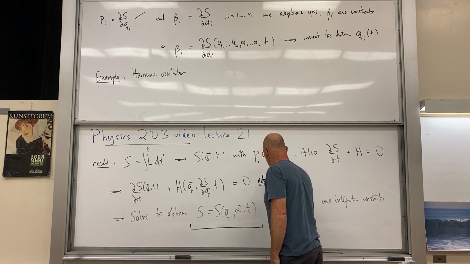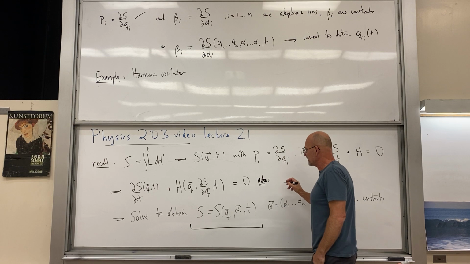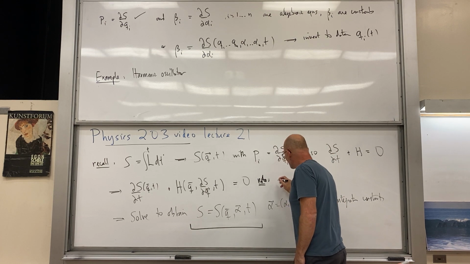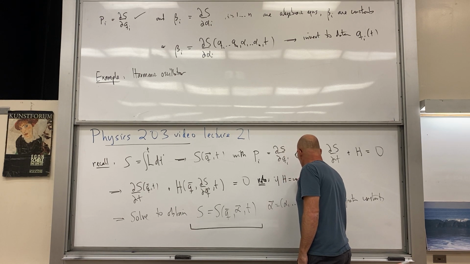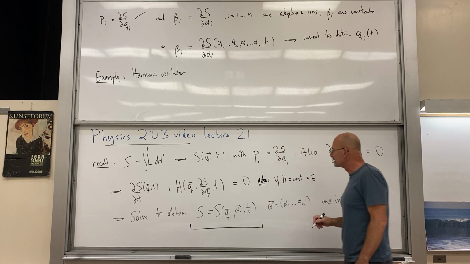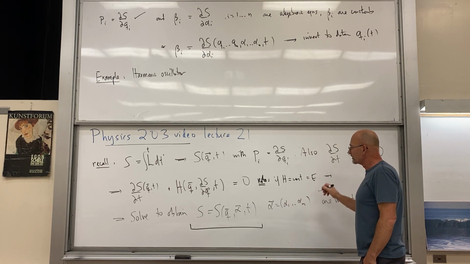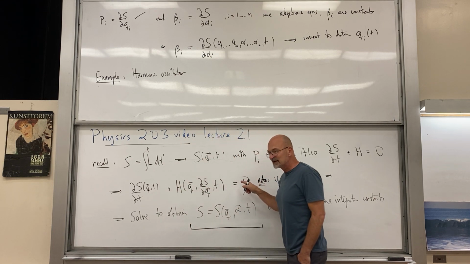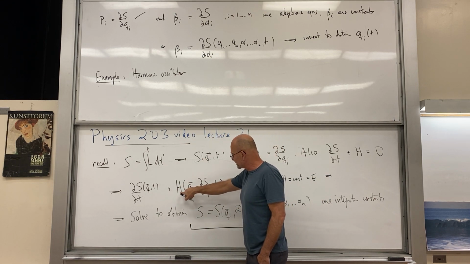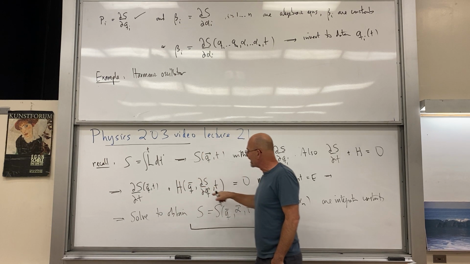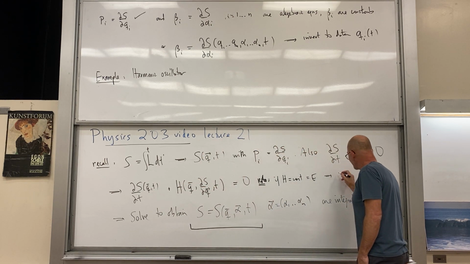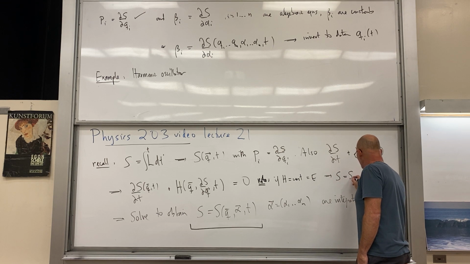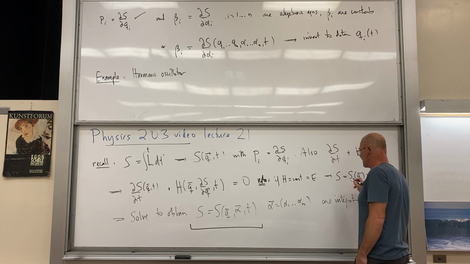Note, and very important: if energy is conserved, so if H equals constant equals E, then we have dS/dt equals minus E. This is a constant, so partial dS/dt equals minus E, and then we can write S equals S0 of q minus E times t.